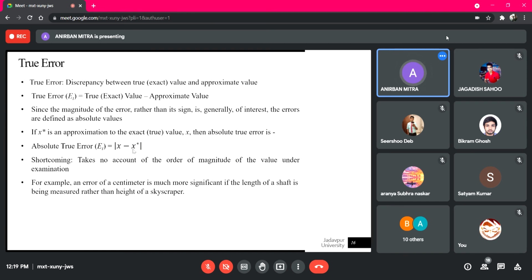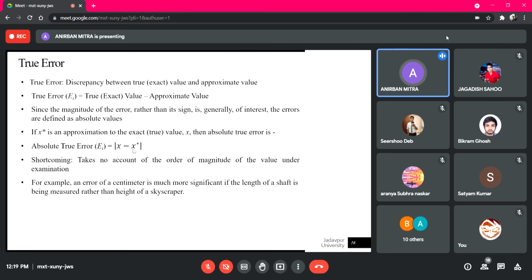What do we mean by that? Suppose you have a 10 centimeter long shaft. It is to be assembled with other components in a critical machine. So if that shaft length changes by 1 centimeter, it might cause big problems in assembly. It might not fit into where it was supposed to be assembled. Think of a crankshaft of an IC engine.